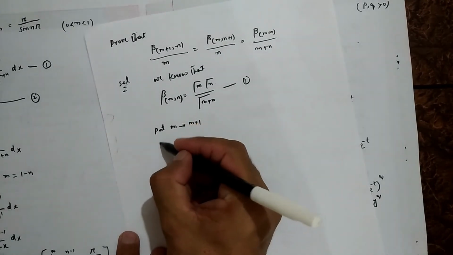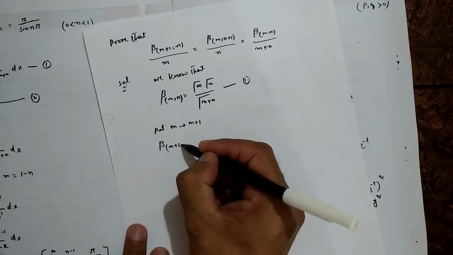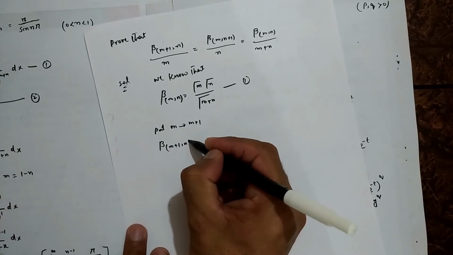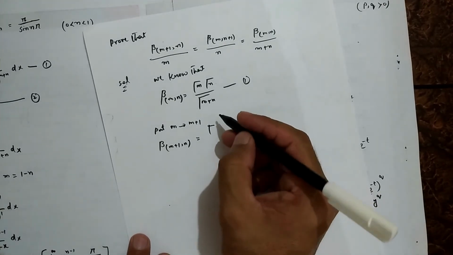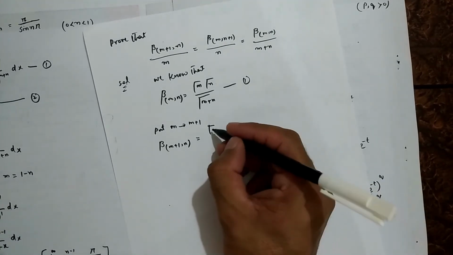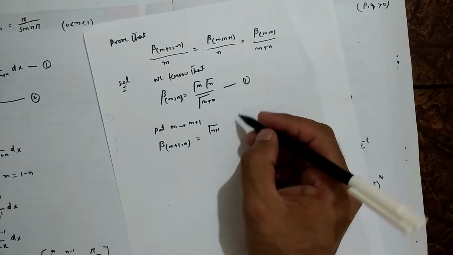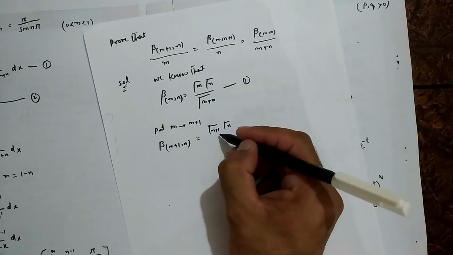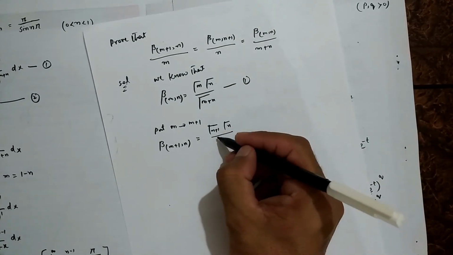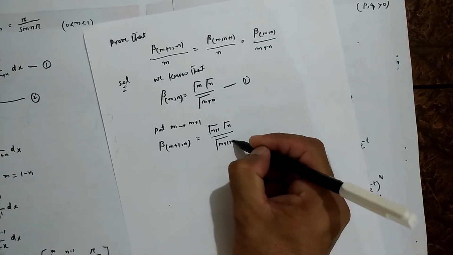So beta (m+1, n) will be equal to gamma (m+1) into gamma n upon gamma (m+1+n).